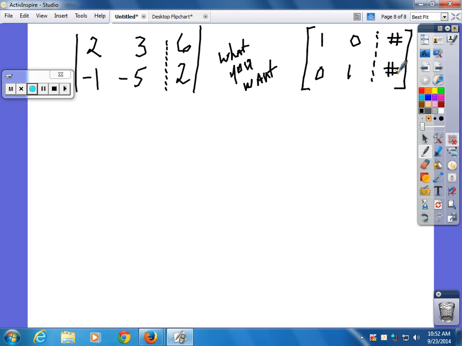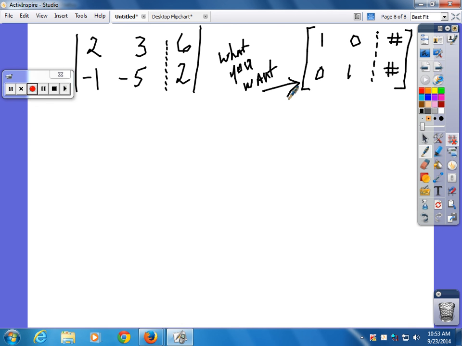Okay? In other words, when you have a matrix that looks like this, you want to get it to look like this. And when you get it to look like this, you're done. Because what does this say? This says 1x is equal to a number. What does this say?